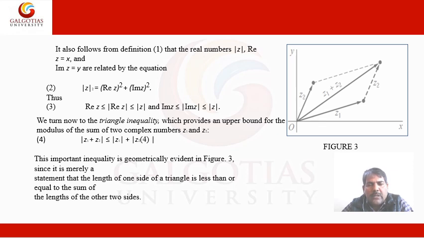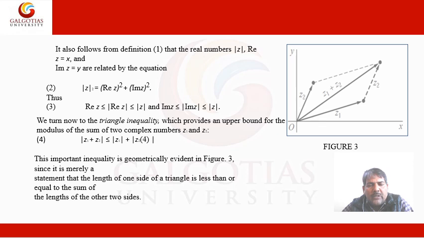We turn now to the triangle inequality, which provides an upper bound for the modulus of the sum of two complex numbers z1 and z2. Which is shown here in equation 4: mod of z1 plus z2 is always less than or equal to mod of z1 plus mod of z2.